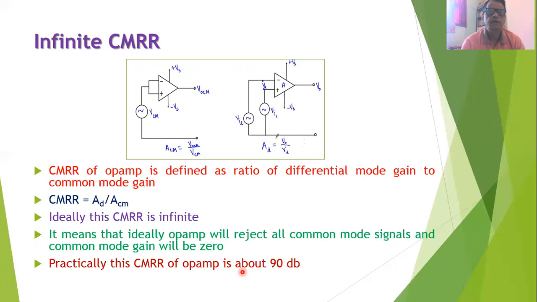You will find that in the common mode configuration, we will get some small amount of gain, and therefore practically we cannot have CMRR equal to infinity. But CMRR of the operational amplifier is very high, and practically it can be up to about 90 decibel. So a high value of CMRR can be measured in decibel.